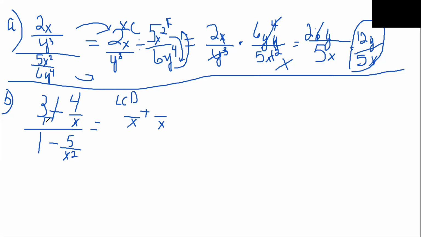What's missing from my denominator is x, so now I will show 3 times x, and that will turn into 3x. And then we have x in the second fraction, which will remain 4 over x. So I now have one fraction, which is 3x plus 4 over x.